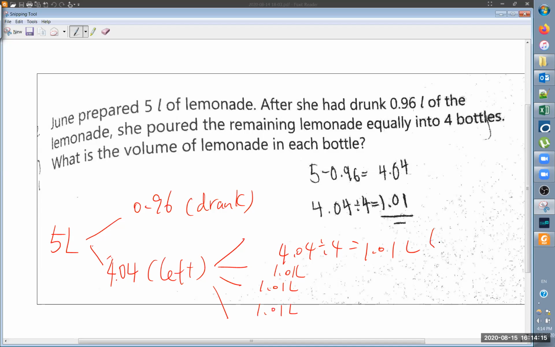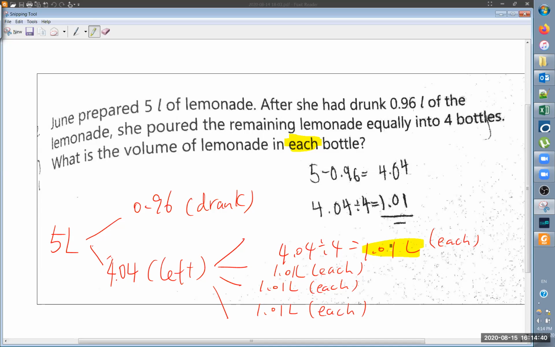So this is each. They ask, what is the volume of lemonade in each bottle? So basically they are asking for each. Can you see the each here? So this is the answer with unit.